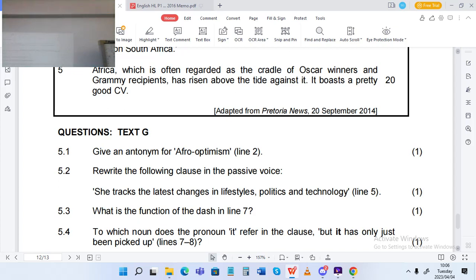Okay, the third one is she's being tracking the latest changes in lifestyle. You didn't do active and passive, you changed tense. Do you see what you did? When you say tracked, you just changed it to past tense. When you say she's tracking, you changed it to present continuous tense. You didn't answer the question.